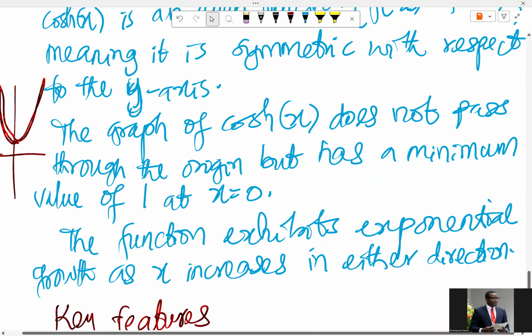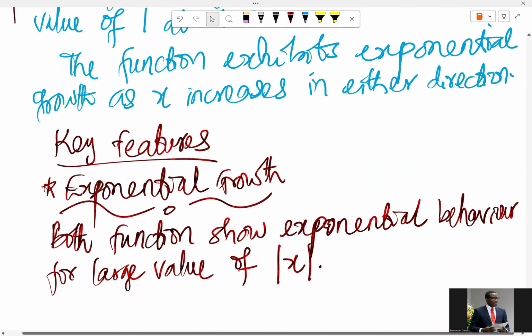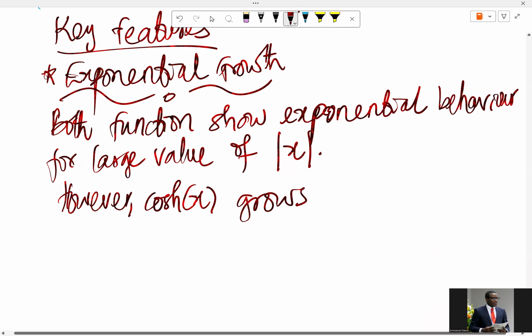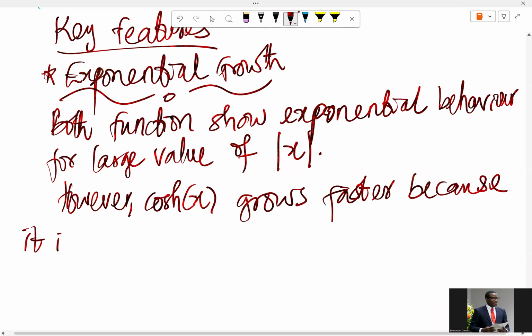Okay. However, cosh x grows faster, because it involves a sum of exponentials.